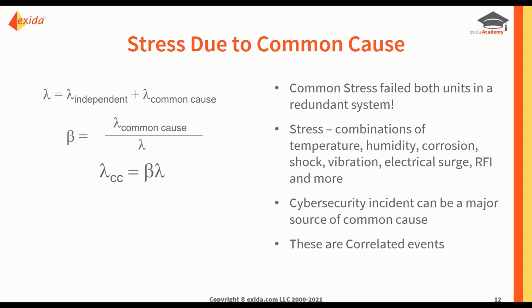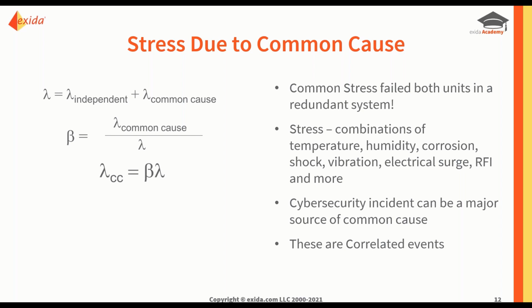And what it turned out to be was a bug in the firmware for the Ethernet driver on the control modules. Because it was the same software, both had the same bug and both caused the same problem. So that is an example of where common cause can come in through the software side of it.